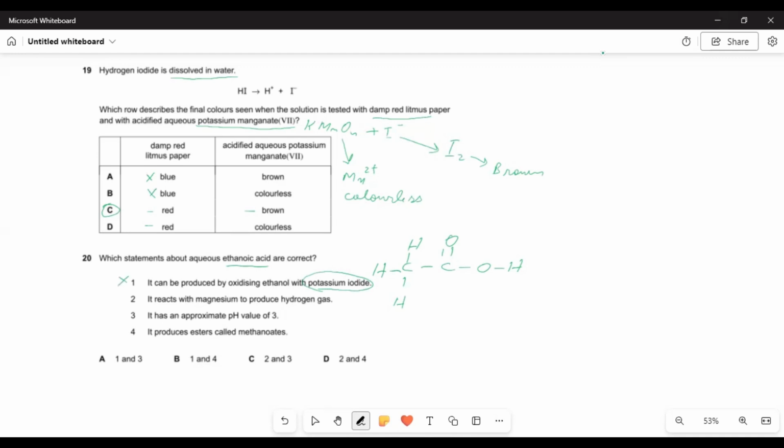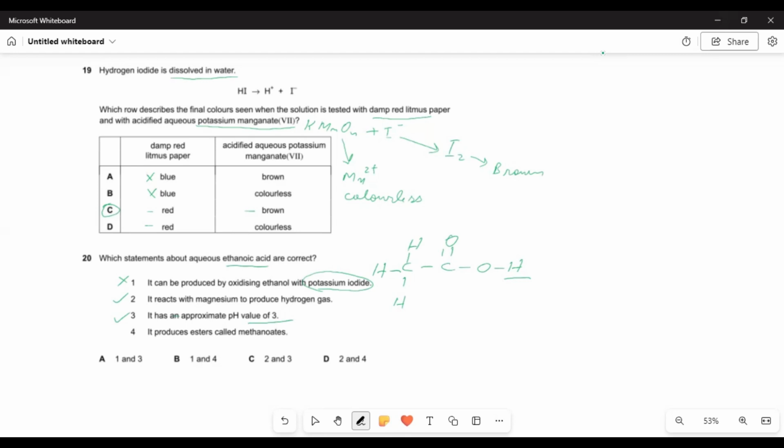It reacts with magnesium to produce hydrogen gas. Yes, this is acidic hydrogen, so it can produce hydrogen gas, correct. It has an approximate pH value of 3. Yes, it is a weak acid, so pH would be around 3 or 4. It could be correct. It produces ester called methanoate.